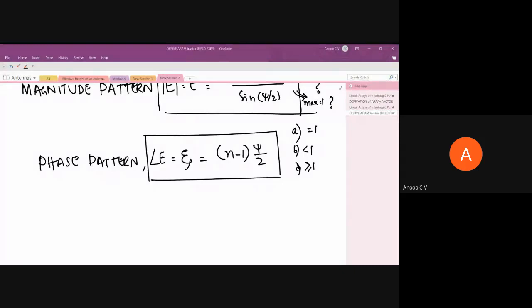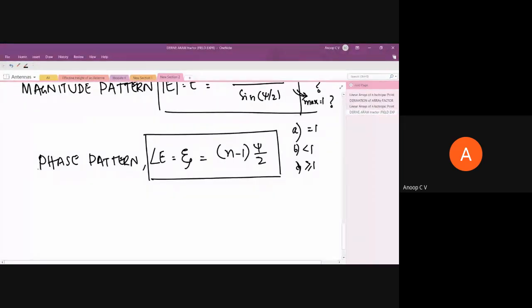Sine something divided by sine something. What is the maximum value? Option A, B, C. Sherwin told 1, Savan told 1. Any other answer? But wrong. The maximum value of this is not equal to 1, right? In fact, the maximum value will be equal to n. That's what I'm going to tell now.